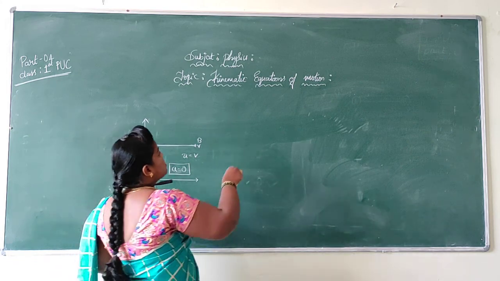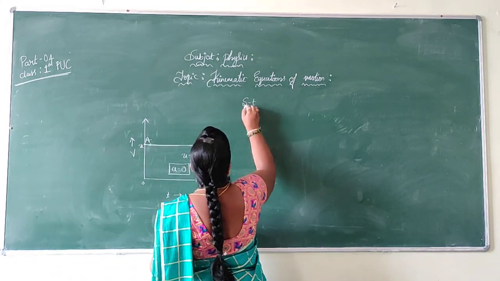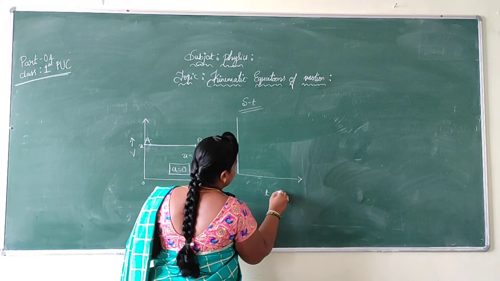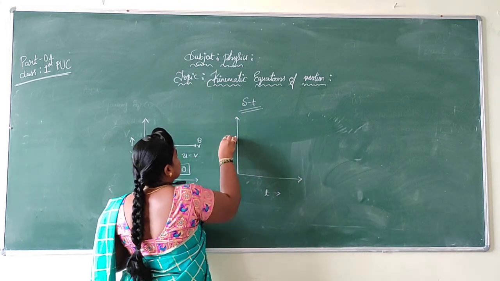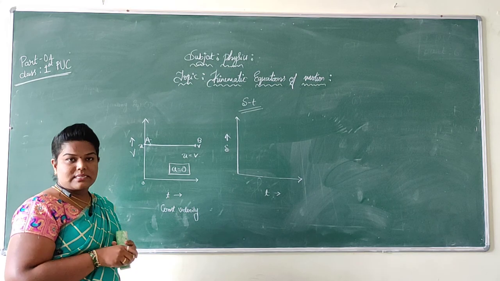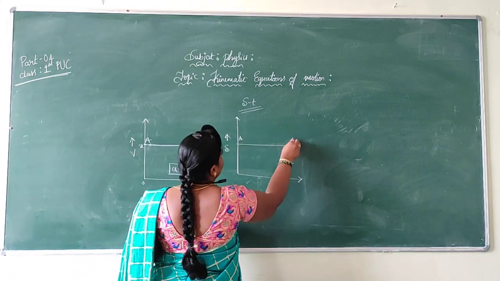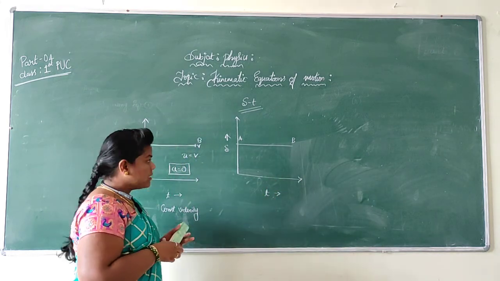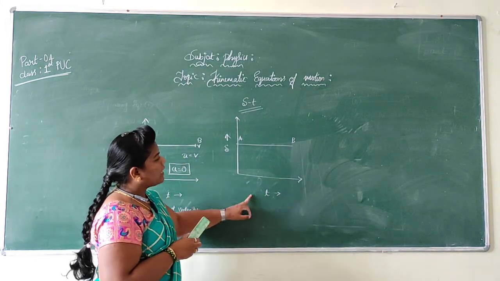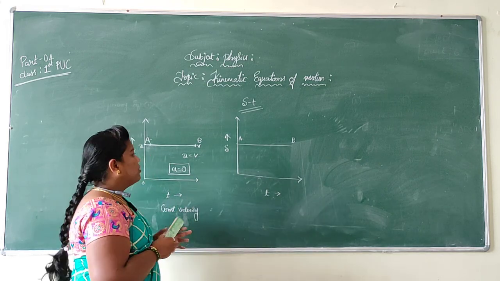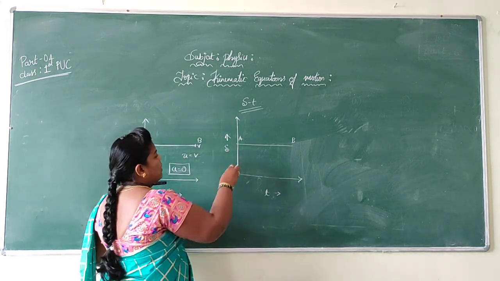Similarly, the position time graph. I am just writing the position time graph. We can observe that along x-axis is time and along y-axis is distance. Suppose I write the curve AB, which is parallel to the x-axis, in the position time graph. I am comparing these two. So what happens here?